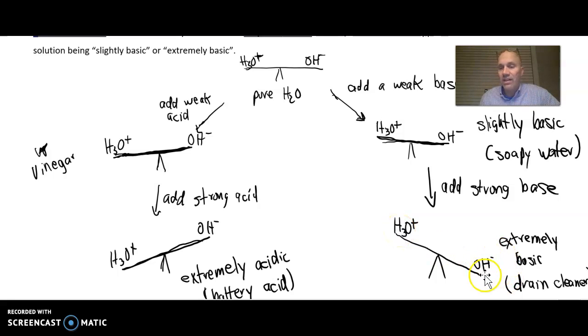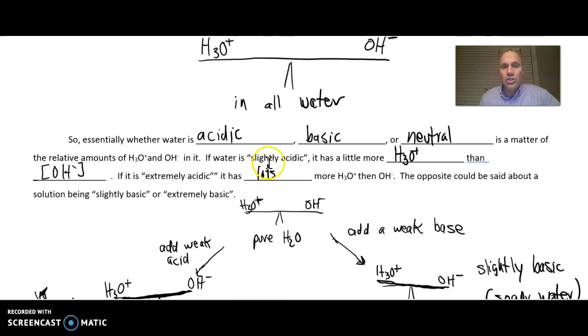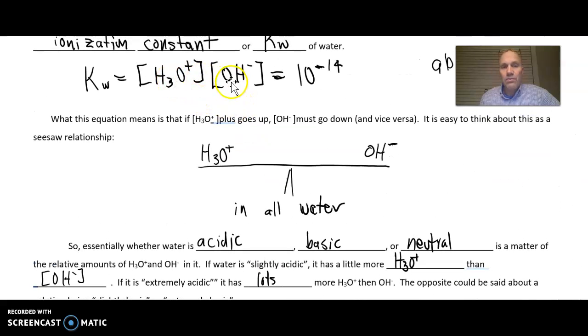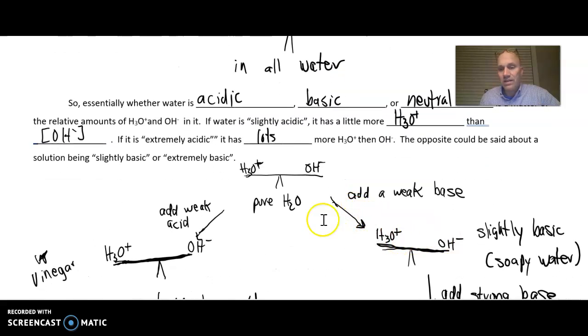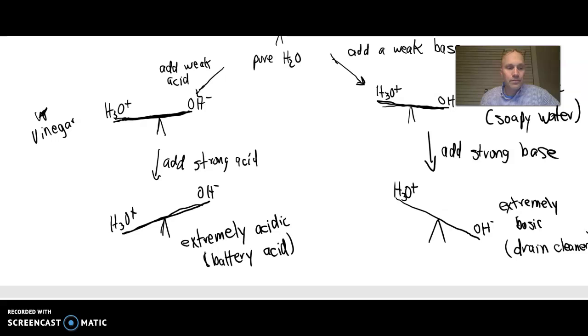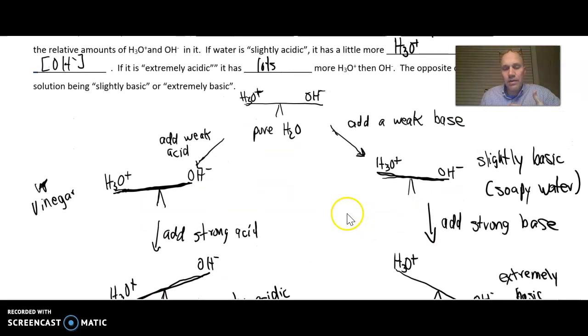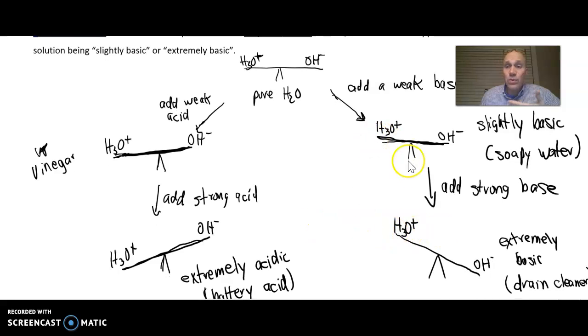So solutions that have lots of OH minus have very little H3O plus, and solutions that have a lot of H3O plus have very little OH minus, because that relationship between one of them times the other has always got to equal this number, and that creates the seesaw relationship.